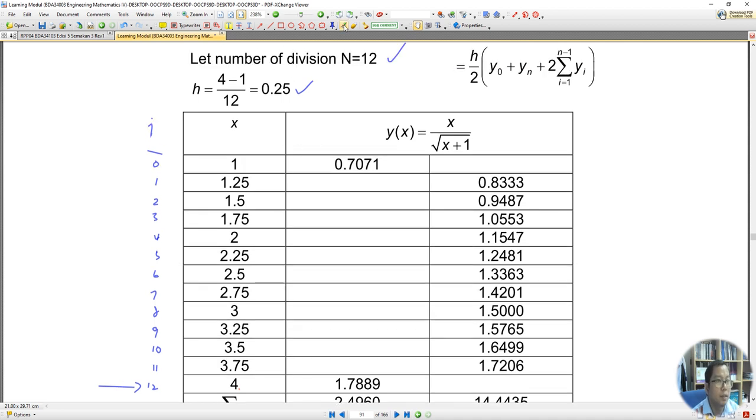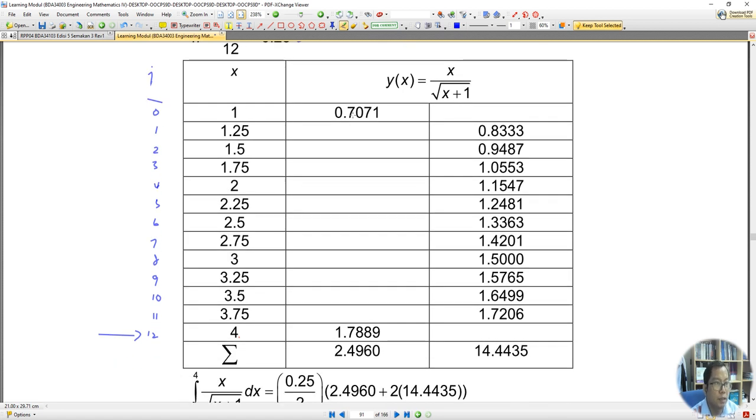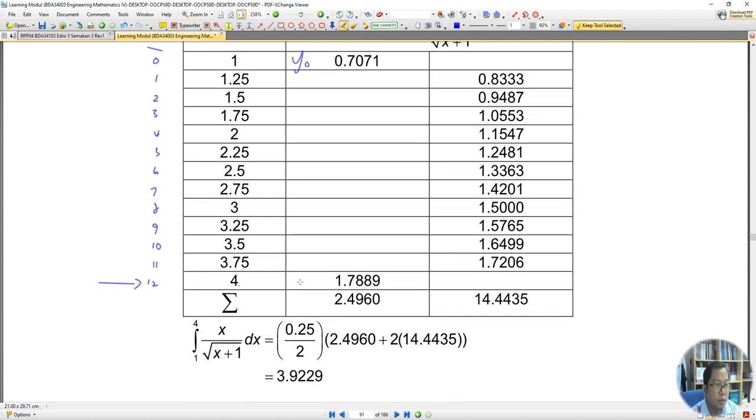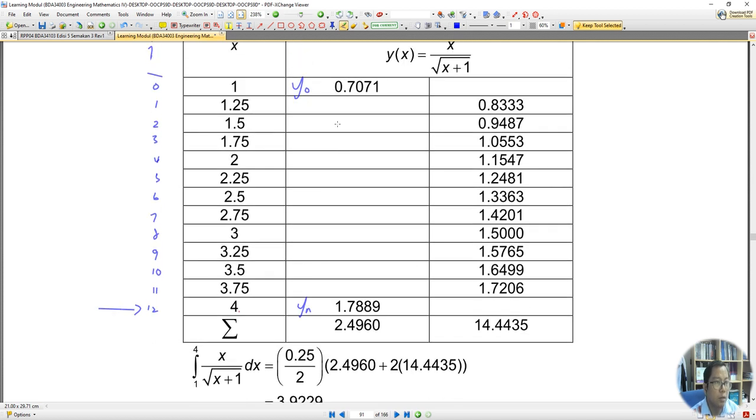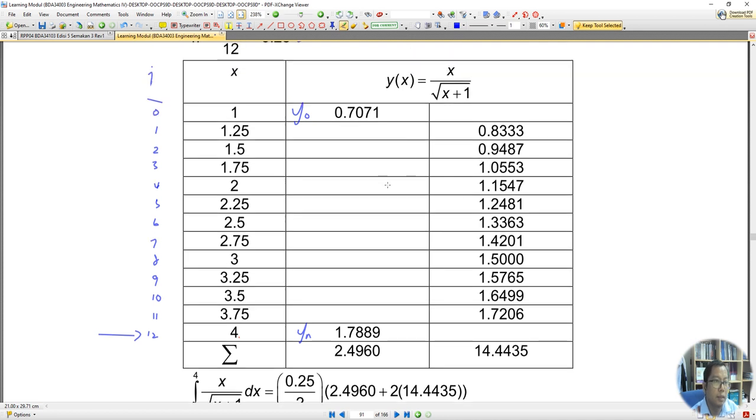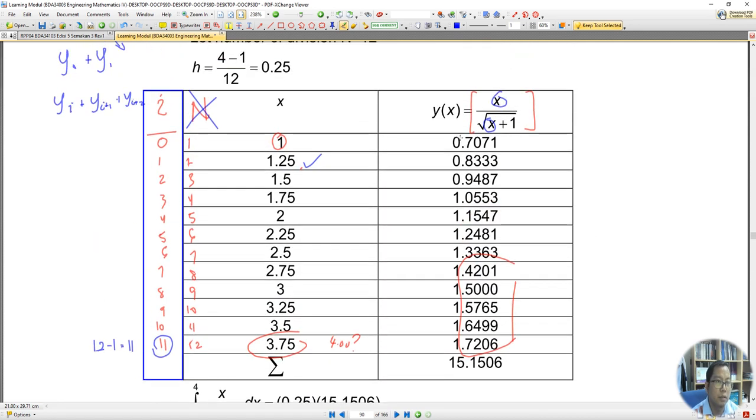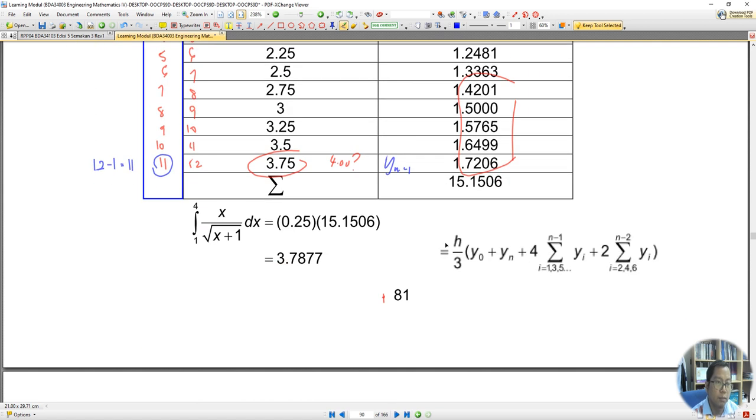So again, the difference between rectangular and trapezoidal: we put the first and last, y0 and yn, in the same column, and the rest in another column. For rectangular it is just one column, where y0 until y n minus 1 are in the same column.